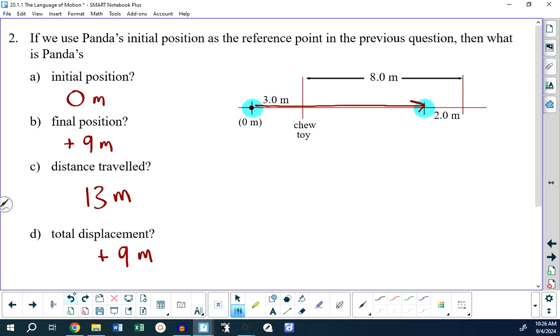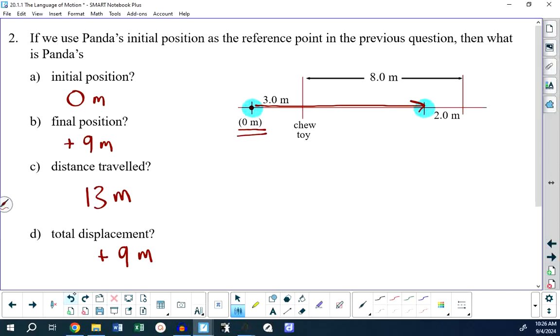Now, this is subtle. It turns out in this frame of reference, using this as a reference point, her displacement and her final position are the same only because her initial position was 0. Right?